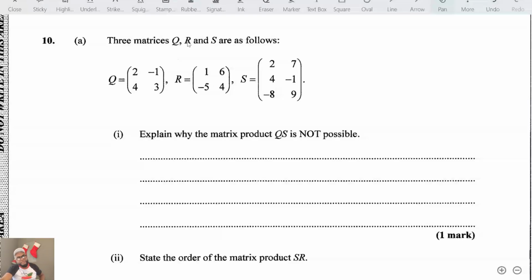All right. Three matrices Q, R, and S are as follows. Explain why the matrix product QS is not possible.